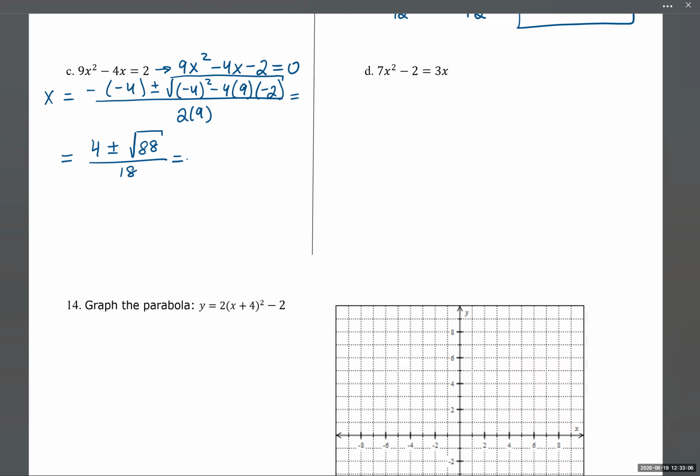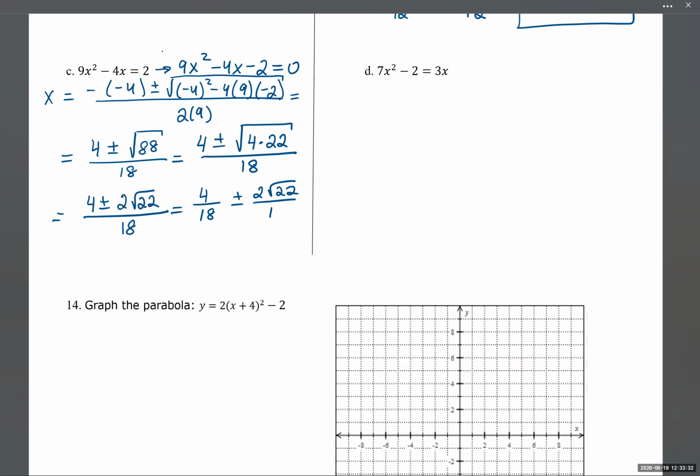88 can also be simplified further. This is 4 plus or minus square root of 4 times 22 divided by 18. So this is 4 plus or minus square root of 4 is 2. Square root of 22 stays unchanged over 18. Split it into two fractions, 4 over 18 plus or minus 2 square roots of 22 over 18.